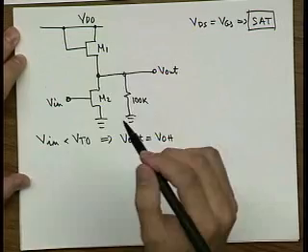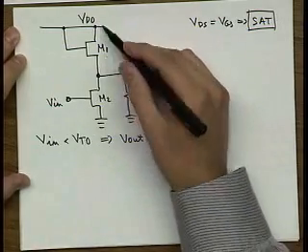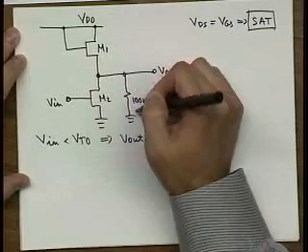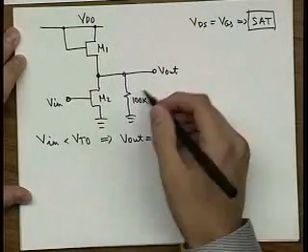So now we simply have to equate the currents, assuming that M2 is cut off, in transistor M1 and this resistor R load.